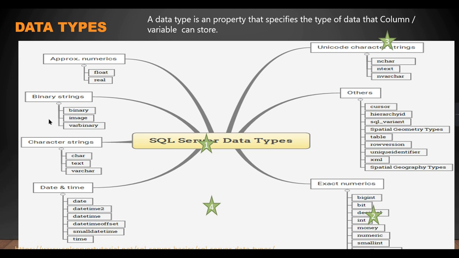You can store an image in this data type; SQL Server can store images in a column. When you store it in varbinary, you can retrieve it. There are some special data types also: XML, spatial geography types. These are some special data types that you can use.